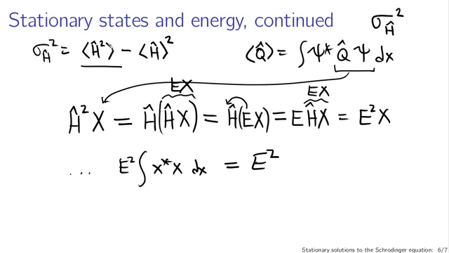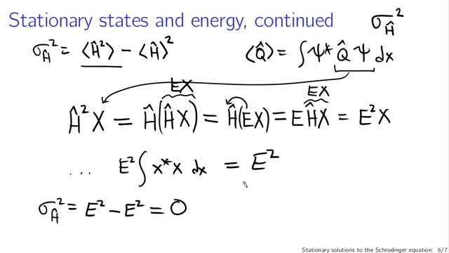What we got for our expectation of the Hamiltonian squared was E squared. So what this tells us is that sigma sub H hat squared, our variance, or our squared uncertainty in the energy of the system, is equal to E squared from this term minus E squared from this term, which is 0.